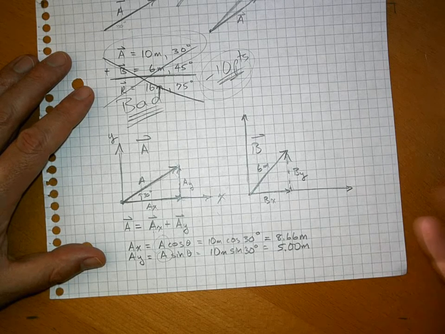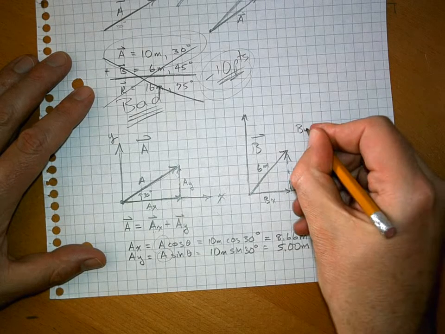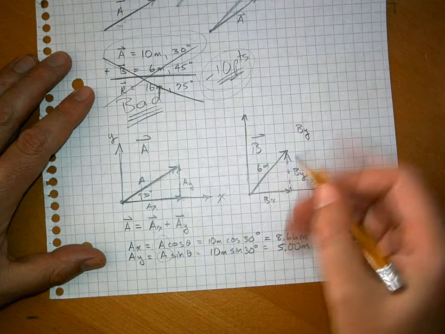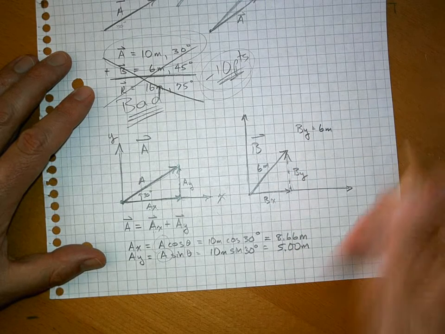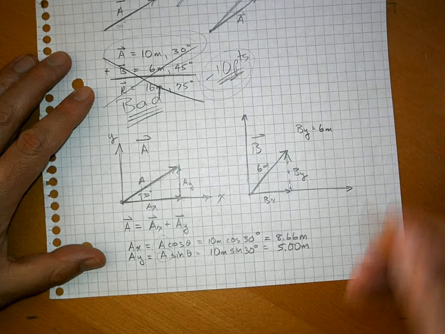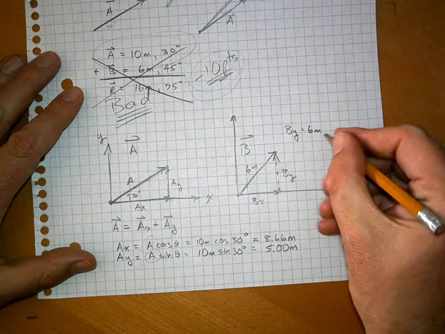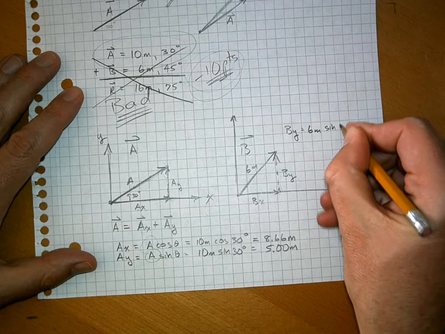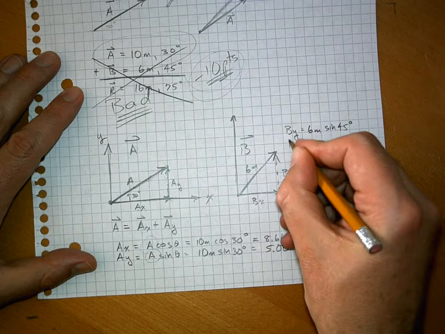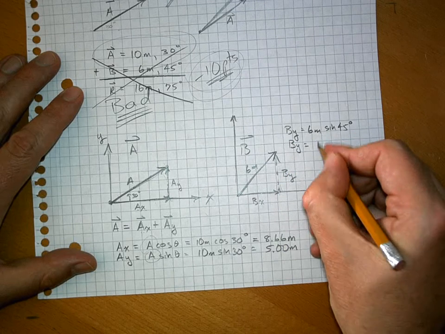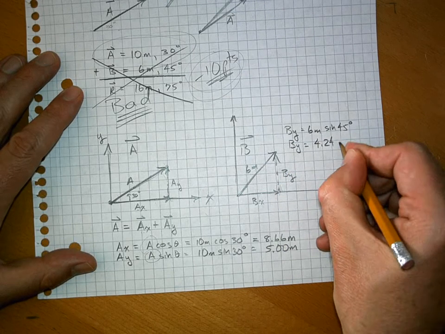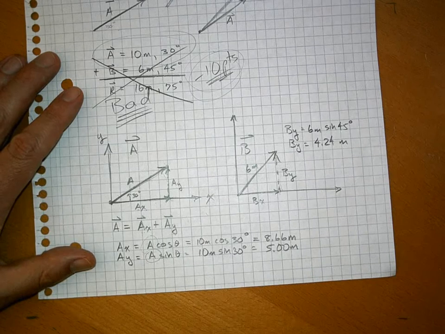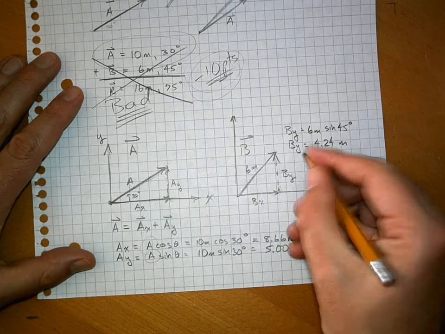And then we could say, all right, B_y is equal to B times the sine of 45 degrees. So B_y is equal to 4.24 meters. I just did the math in advance here to make it a little quicker.